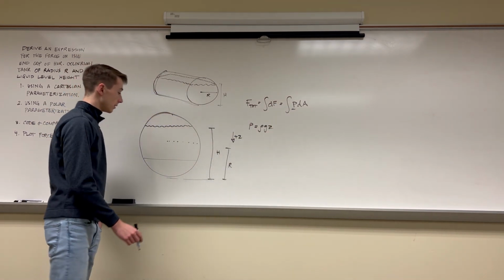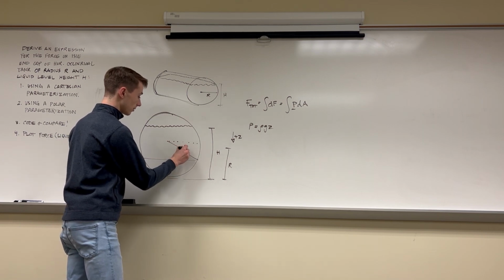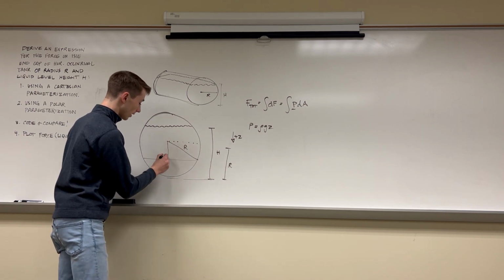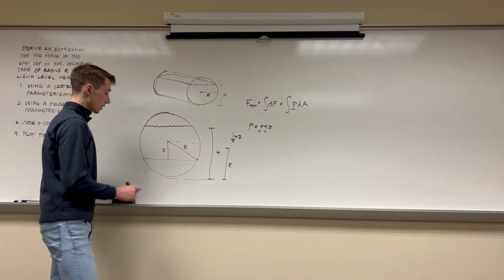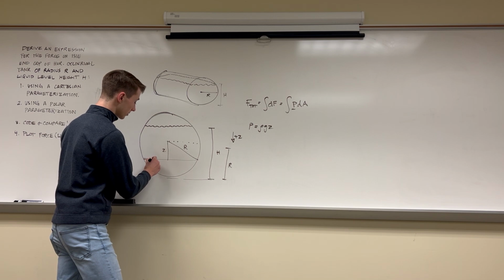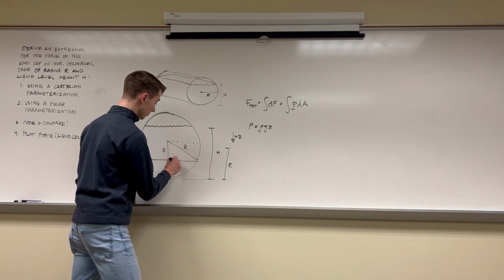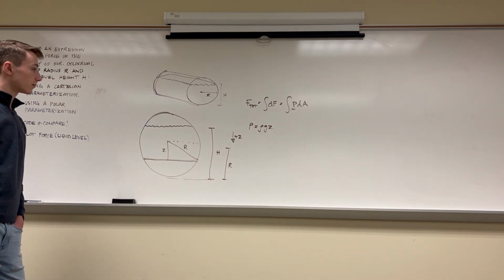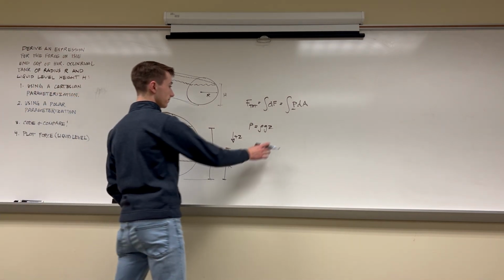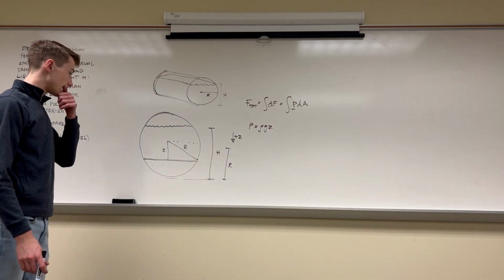Now we know that the radius here is r, and we're at some depth z. This is going to represent our differential unit of area right here. And right now we are looking for pressure. Pressure equals rho g z.